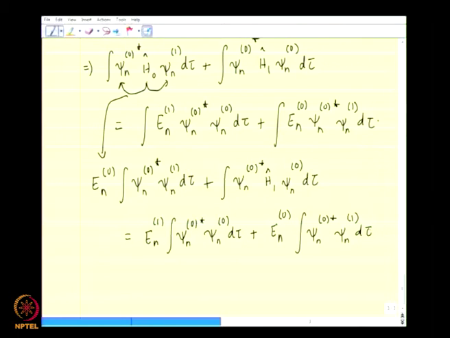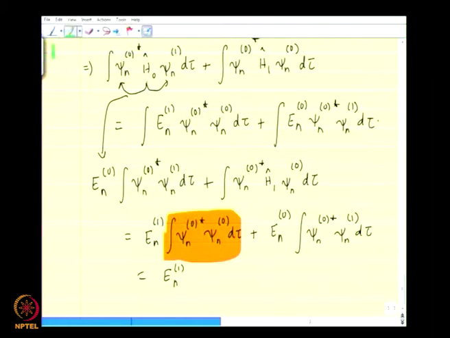Okay. Immediately you recognize that this is equal to 1 because of the normalization of the wave functions.